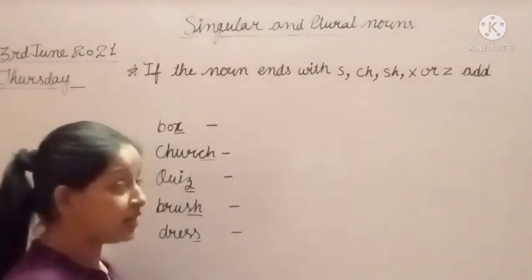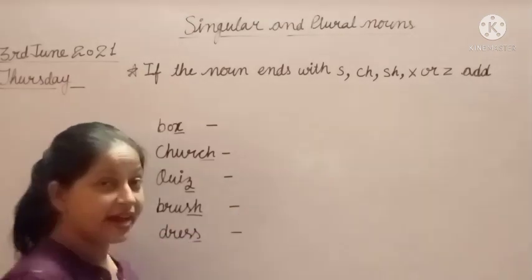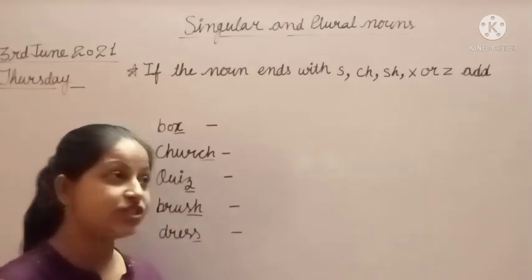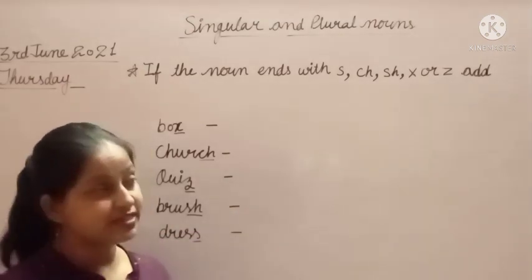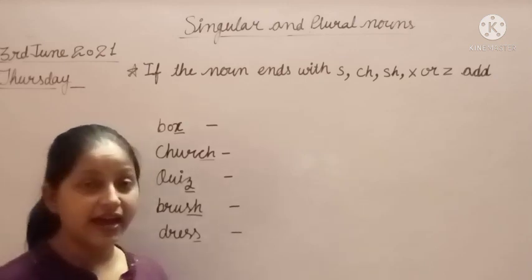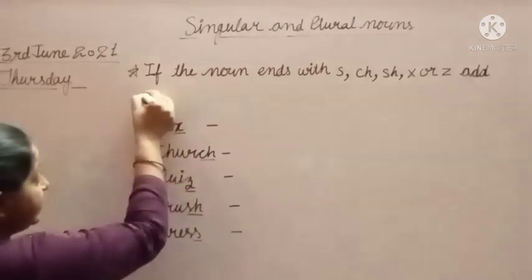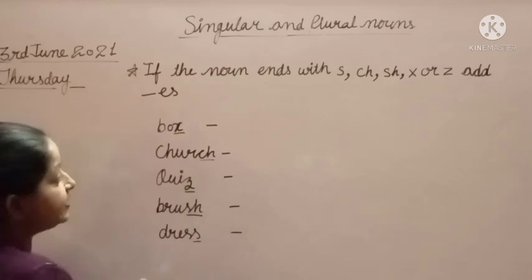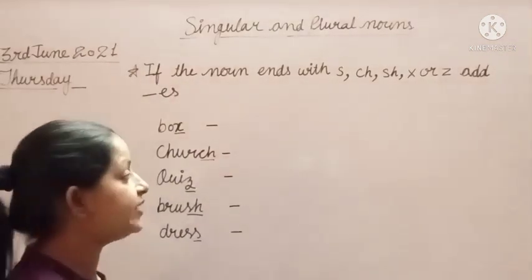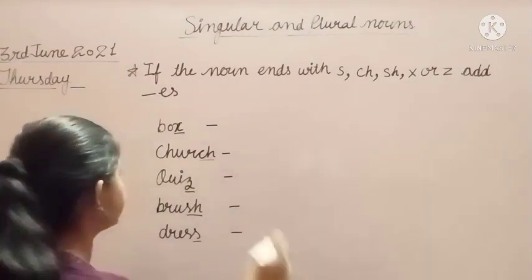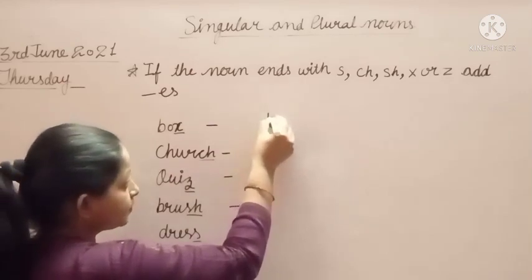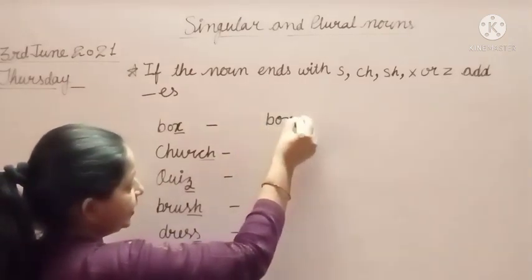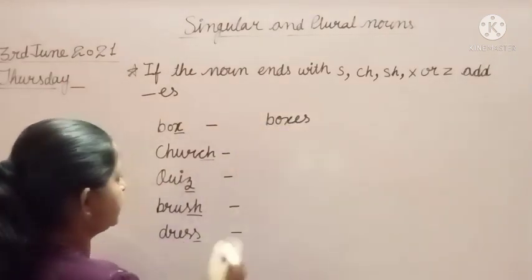Yes students, if the noun ends with S, CH, SH, X or Z, then we will add ES at the end of that noun, like this. Box, we will add ES, boxes.